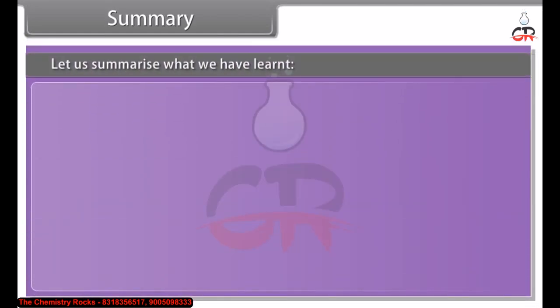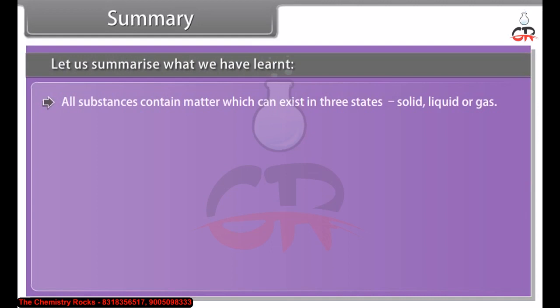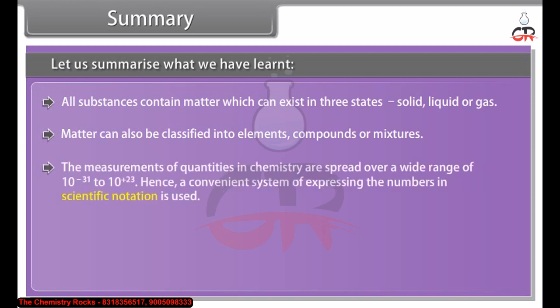Summary. Let us summarize what we have learned. All substances contain matter which can exist in 3 states: solid, liquid, or gas. Matter can also be classified into elements, compounds, or mixtures. The measurements of quantities in chemistry are spread over a wide range of 10^-31 to 10^23.